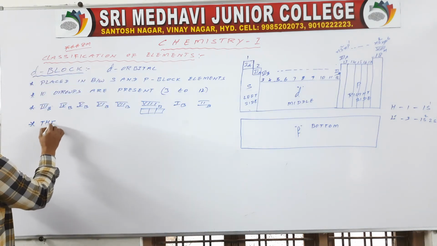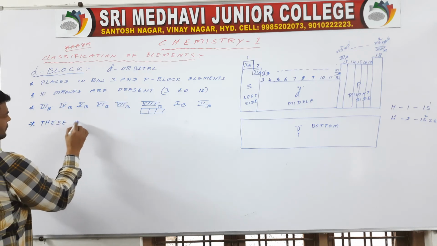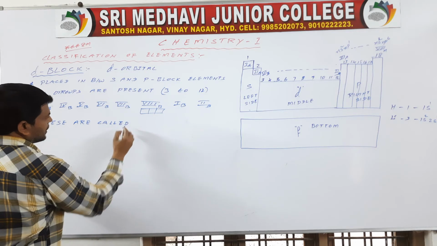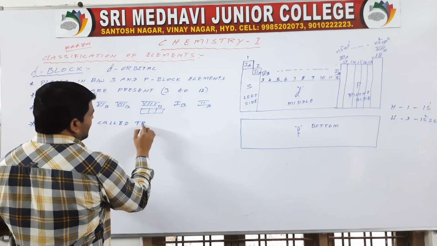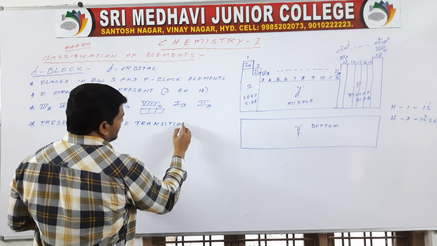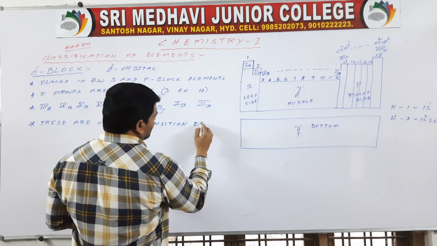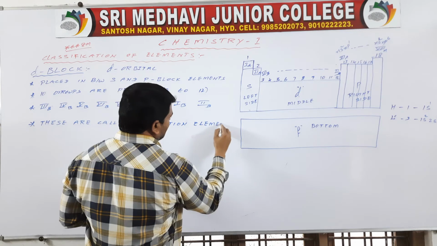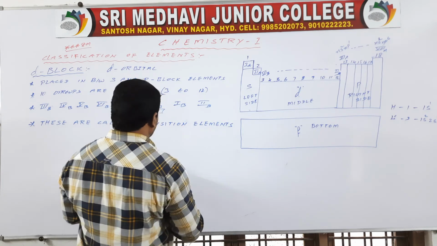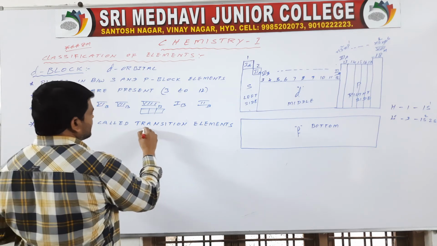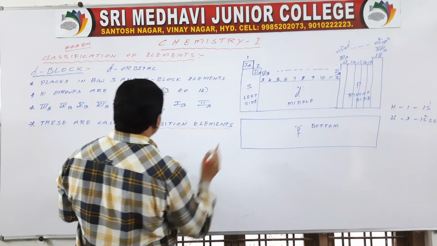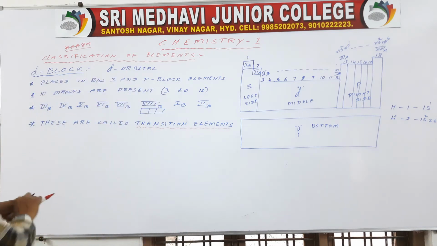These are called transition elements. Why are these called transition elements? Due to presence of unpaired electrons in d orbital.